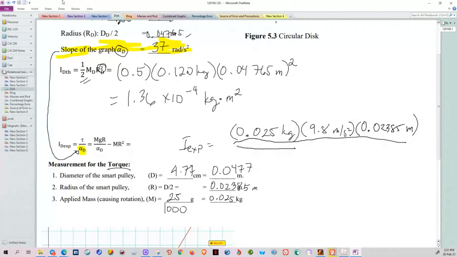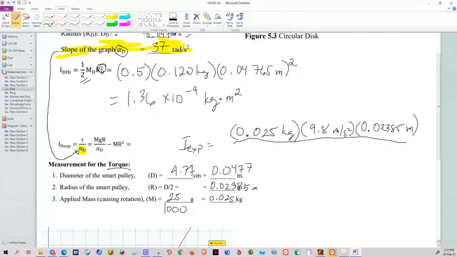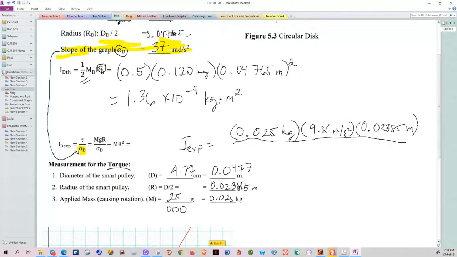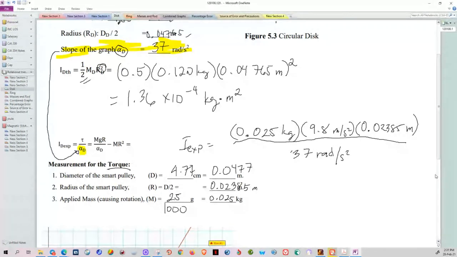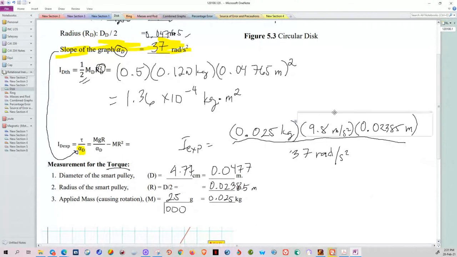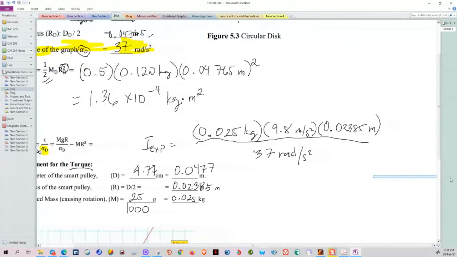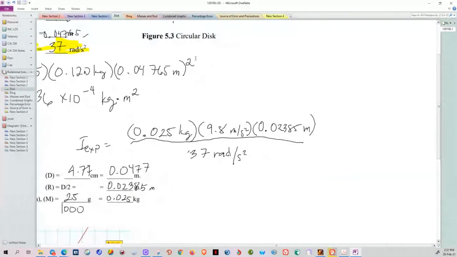It's a very long line. Okay, and what is the slope? 37 radians per second squared. Let me move this because I need some space. Okay, there you go.